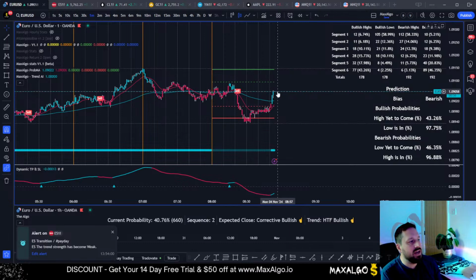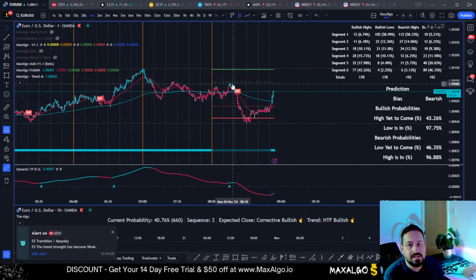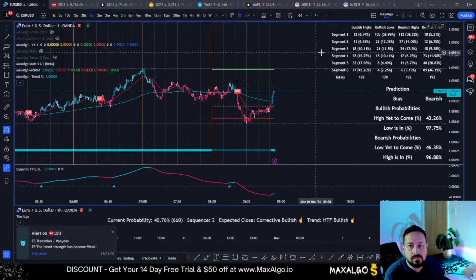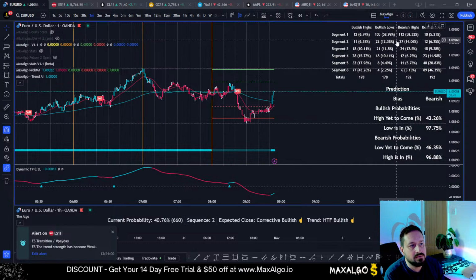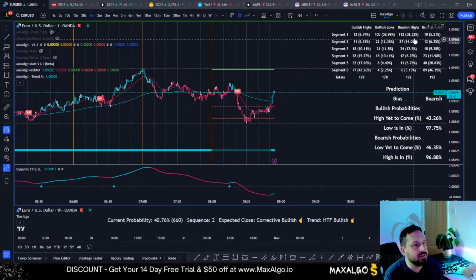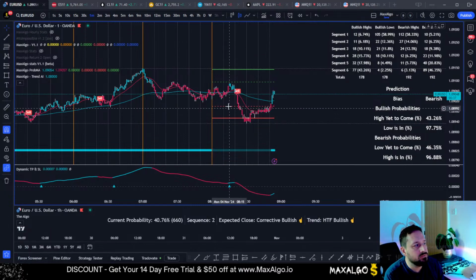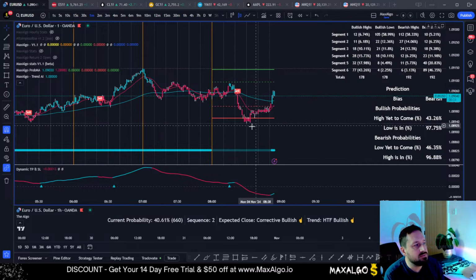So if we're bearish, our high is in segment 2, right? And you can see 14% of all the highs were in segment 2, and 58% were in segment 1. So when we take that low, statistically it's more likely that this is our high.